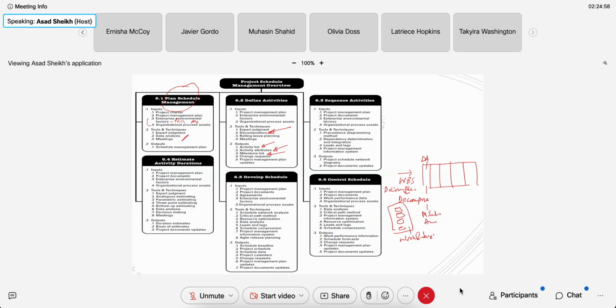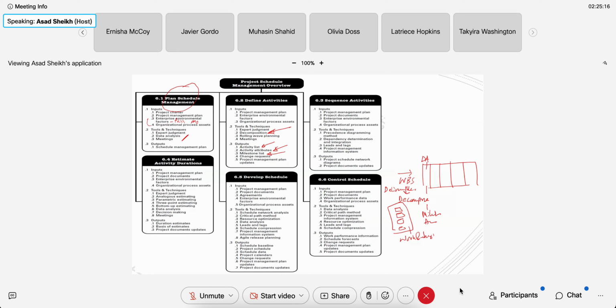Okay. Next step after you get that, what do you do with it? So now that you have this activity list coming from the WBS, now the question is, if I was in a project, where would all this happen? This would be happening in the planning phase.